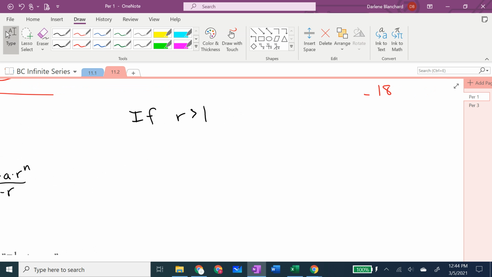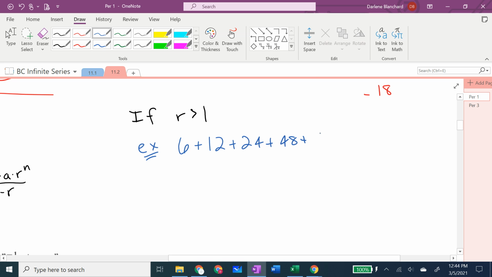And I want to make sure, though, that you are clear through an example. And that would be if I have 6 plus, if my r is 2, then 12. And then times 2 again, times 2 again, times 2 again.